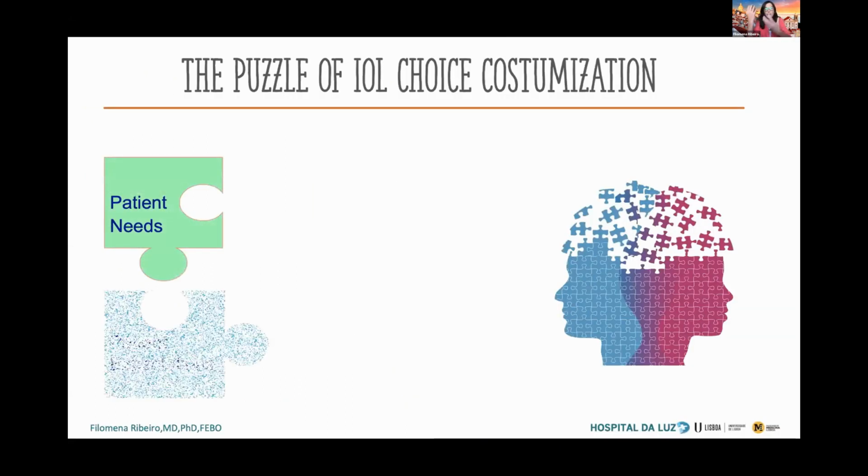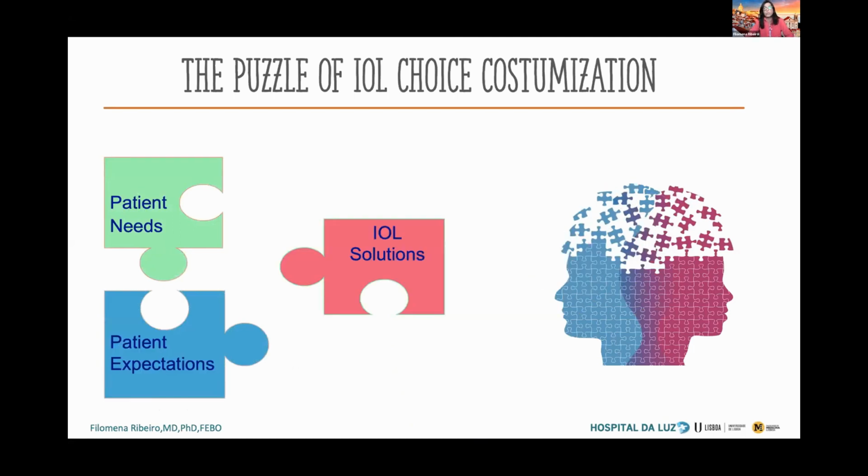So behind the biometry, behind the IOL power calculation, different formulas, we need to assess, of course, the ocular pathology of the patients, but we need to understand what the patient needs are, to fulfill the patient expectations.